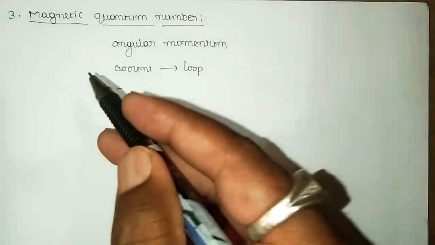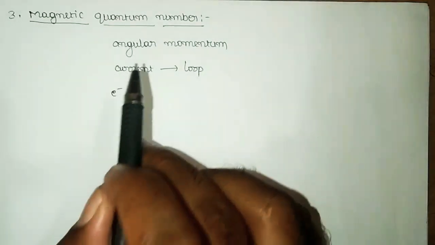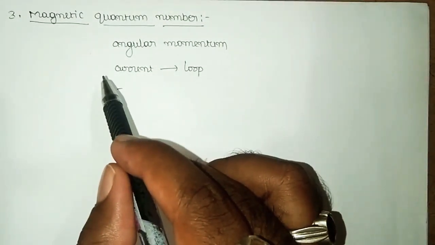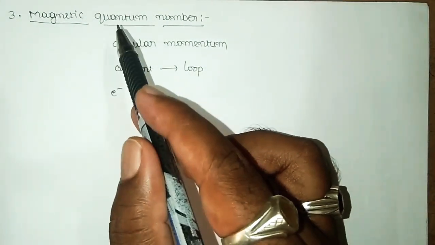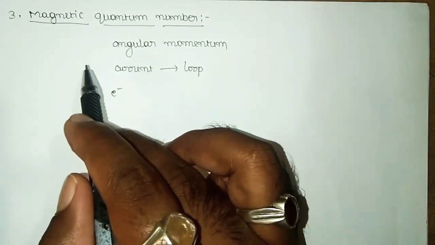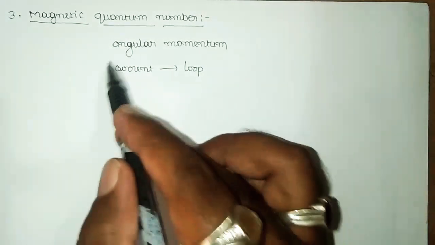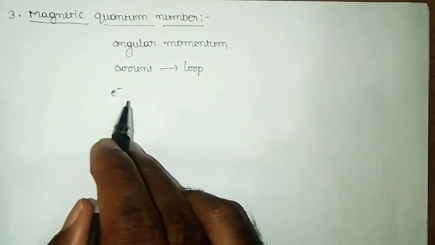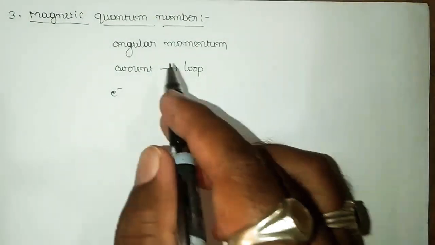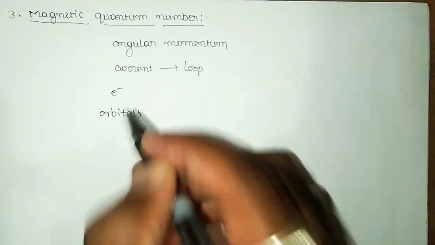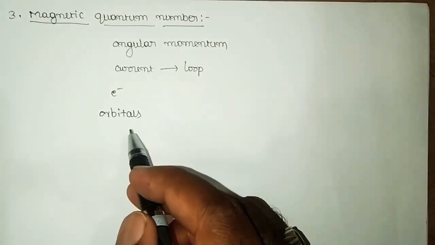I repeat, due to the interaction of the magnetic field created by the electron because of its orbital motion with the external magnetic or electric field, the electrons present in a particular sub-energy level will orient themselves in certain specific regions of the space around the nucleus. And those regions of space around the nucleus are called orbitals. That is the exact definition of orbitals.